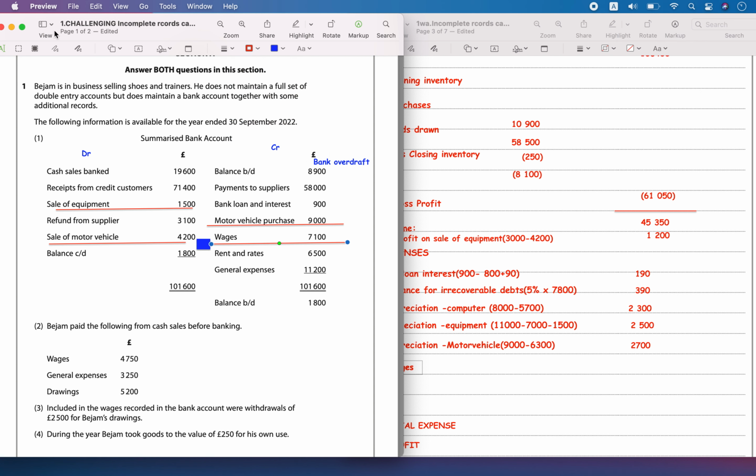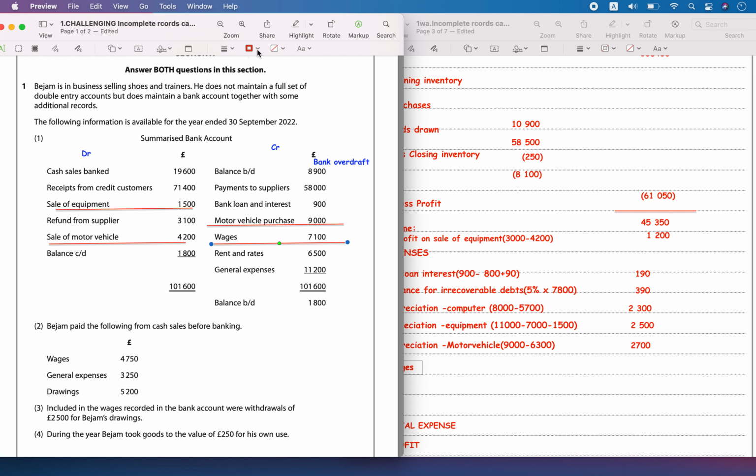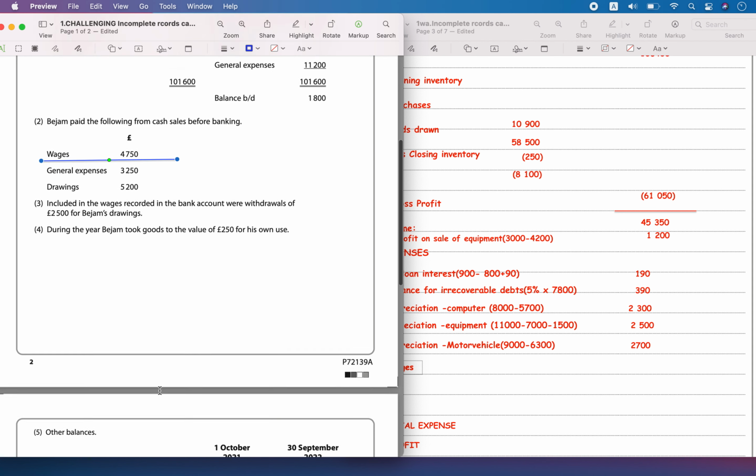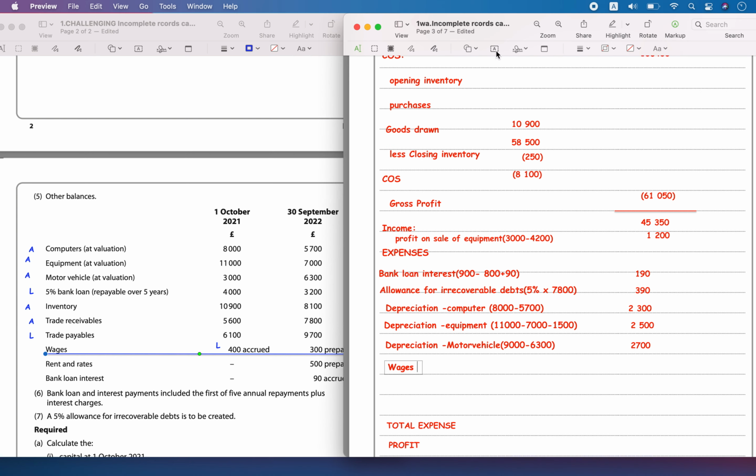So the wages are going to be 7,100, and then here also there is wages information, 4,050. So let's include all the wages, and then here there is information about the wages ending and the closing balances.